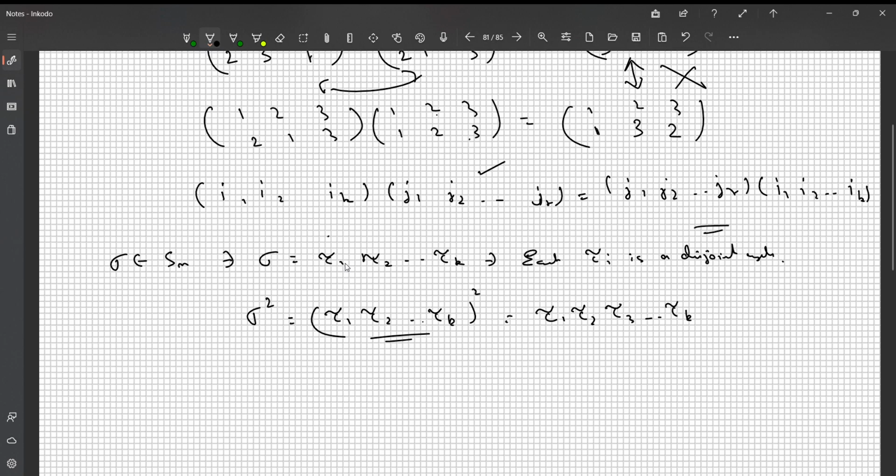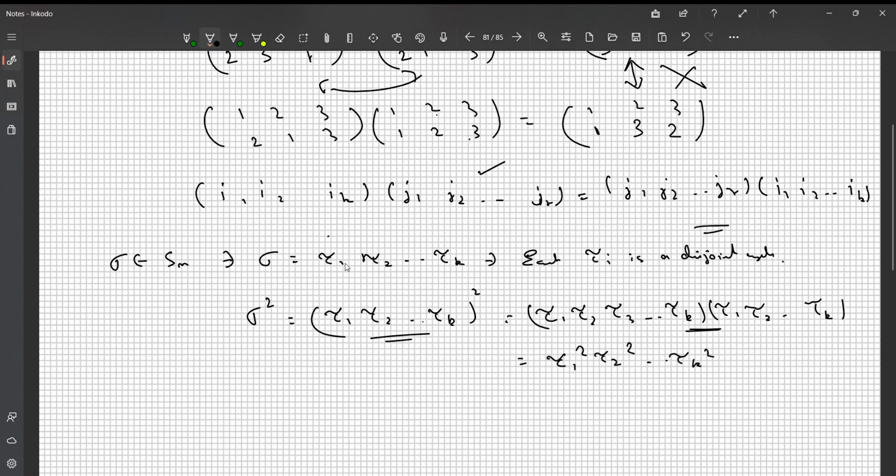So obviously when you have the product of them, suppose we consider the square of them first. Then you will understand the concept. Suppose you have sigma squared. So this is tau 1, tau 2, tau 3 till tau k times tau 1, tau 2 till tau k. But using commutativity, you can bring tau 1 beside tau 1.